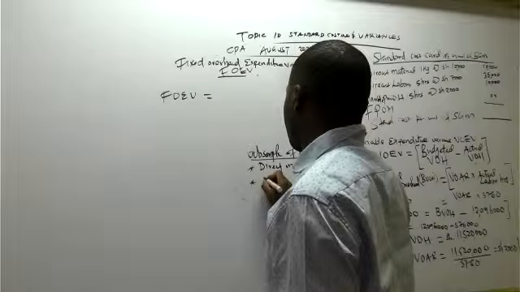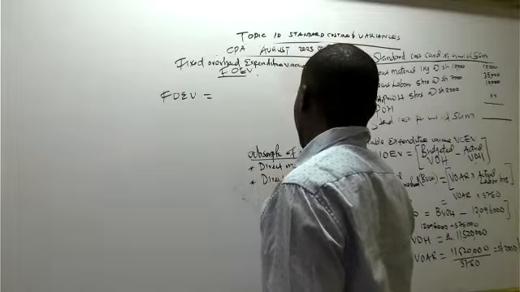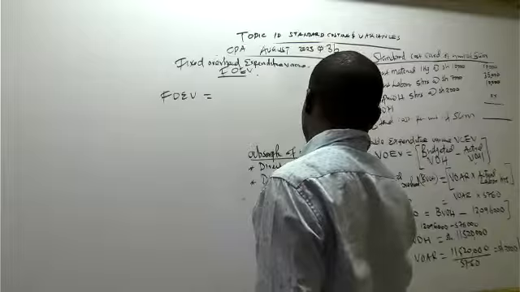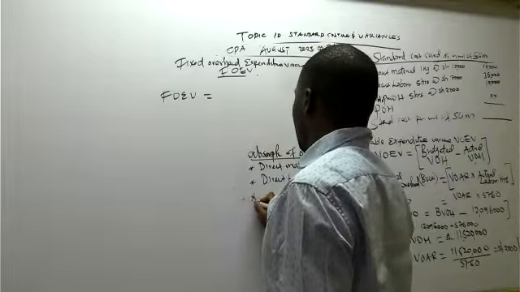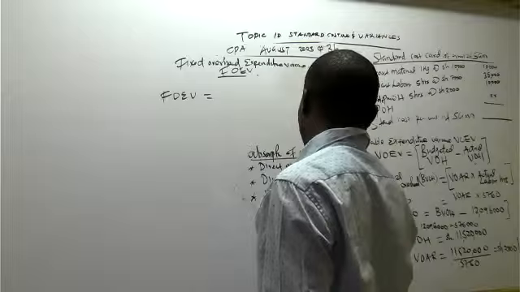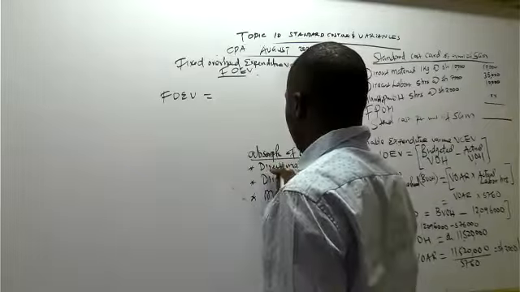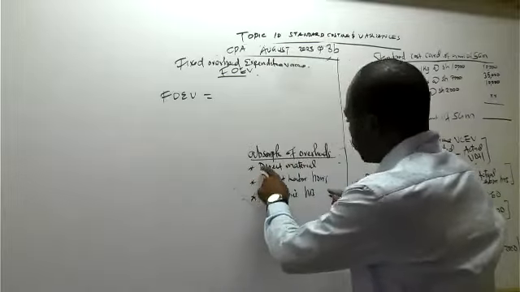Two, you can use direct labor hours. Three, you can use machine hours. The direct material here, you're going to use the cost.